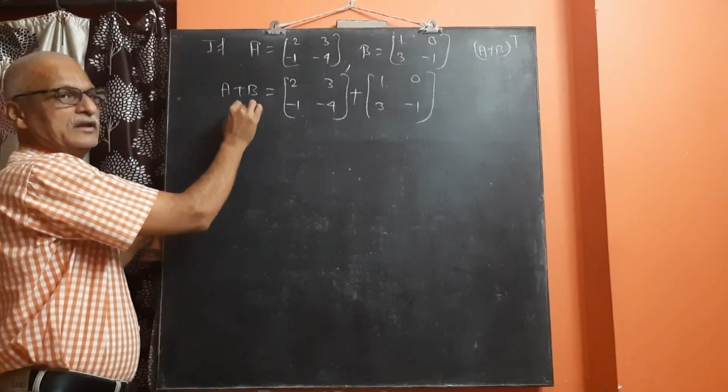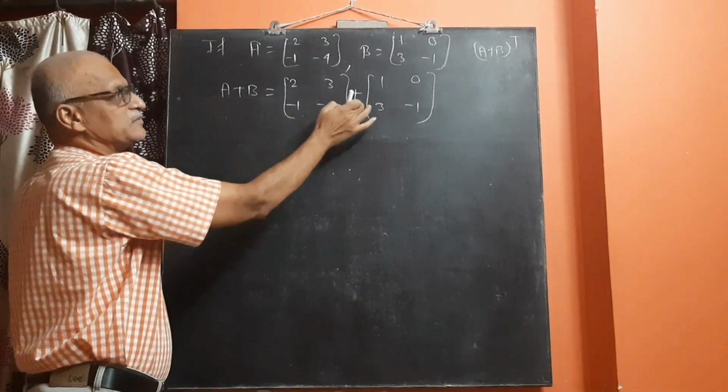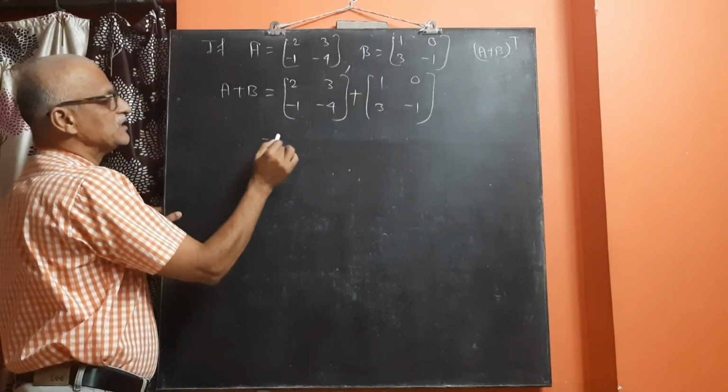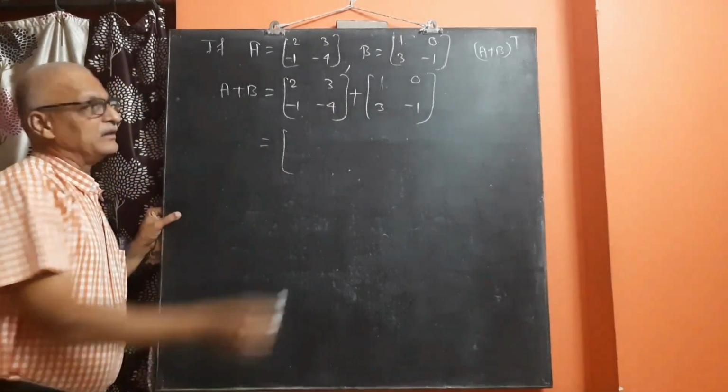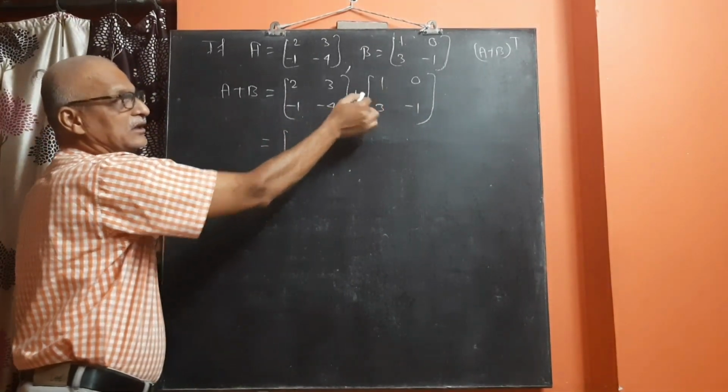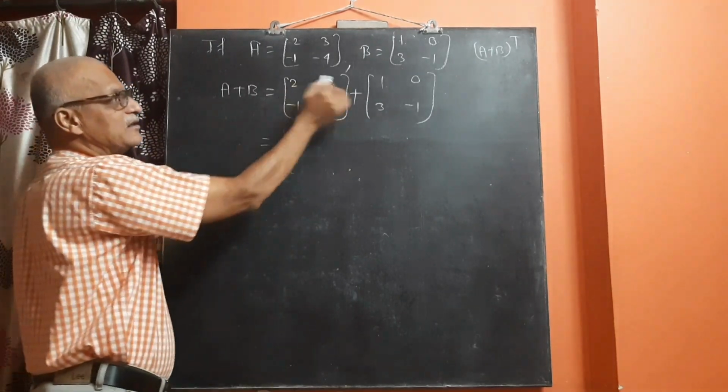Just I have written the two matrices, first matrix plus second matrix is equal to, again there is addition of the two matrices, so add the corresponding elements.